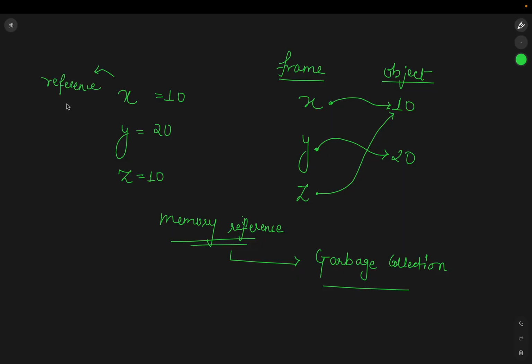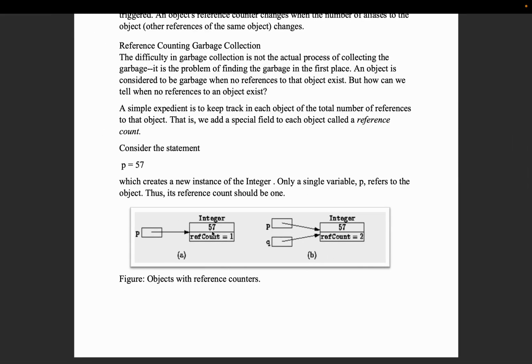The reference count is 1. Now what is the reference count of y? y is referencing 20. Reference count of y is also 1. What is the reference count of z? It is also referencing 10. It is equal to 1. Okay, look into the thing.